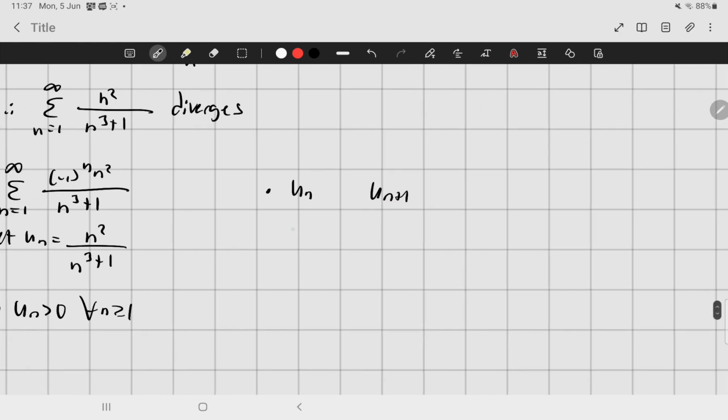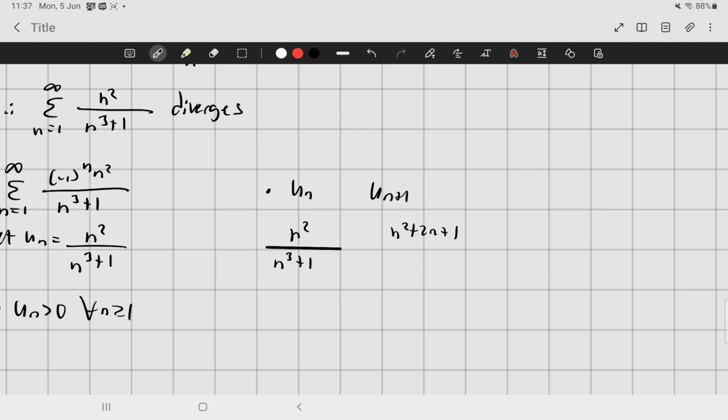So u_n will be n squared over n cubed plus 1. Oh, this is tough because you have to show that this is true. So remember, besides the inequality, you could use differentiation. You differentiate and you could see that it's always decreasing.